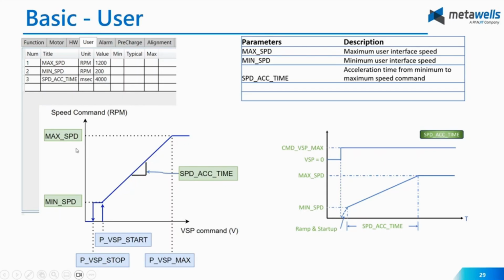The vertical axis represents speed, and the horizontal axis represents the input voltage. It's a VSP command. VSP command is an input voltage level. This diagram illustrates the relationship between the input voltage and the resulting speed command.